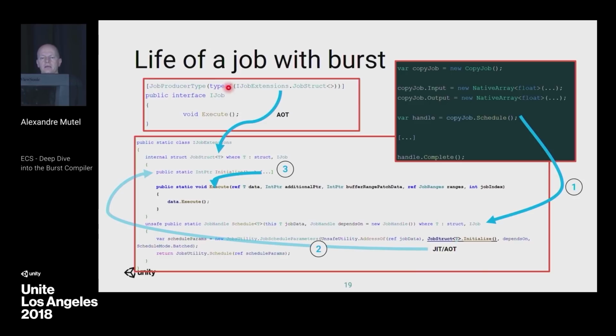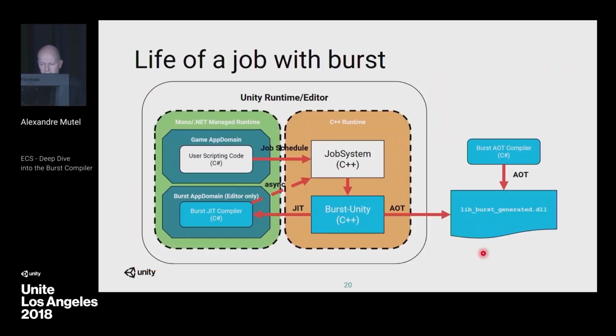And it's a link between the job and this internal wrapper. So that's the static link, and that's the link that is used by the AOT compiler. But that's not the link that is used by the JIT, because the link used by the JIT is when you run your code explicitly on demand and you schedule a job, we are going to detect which job it is and which wrapper it is.